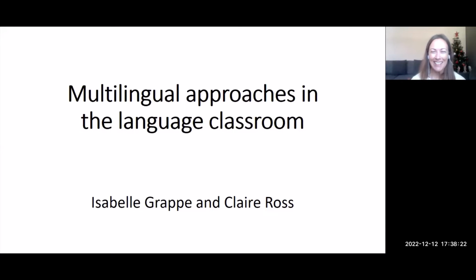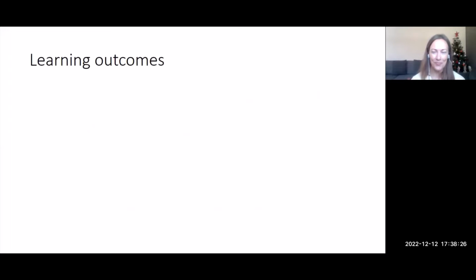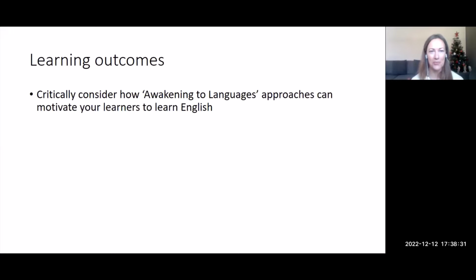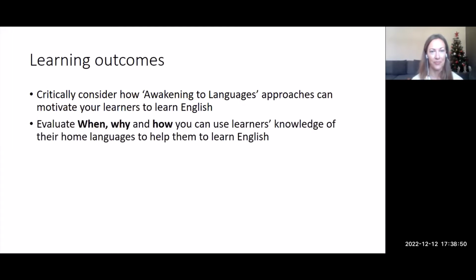So let's look at what's on tonight's menu. Learning outcomes for this evening. Well, first of all, we're going to look at some awakening to languages approaches. And if you have never heard of this or you're wondering what this is, don't worry, we will be covering that. So we're looking at how we can use these approaches to motivate your learners to learn English.